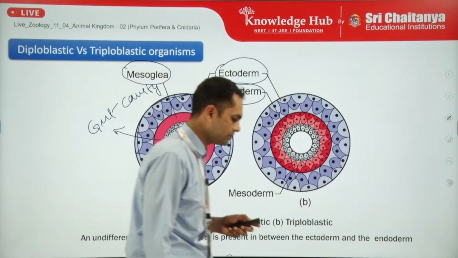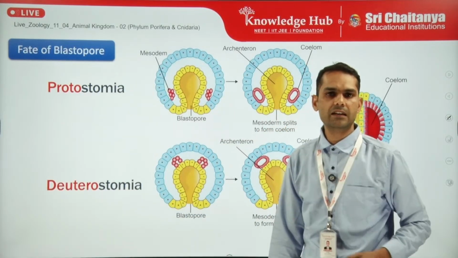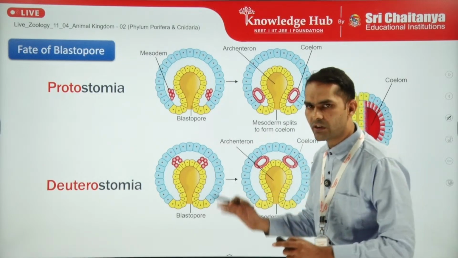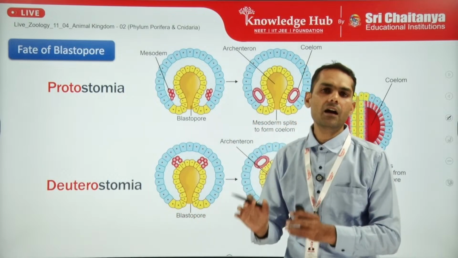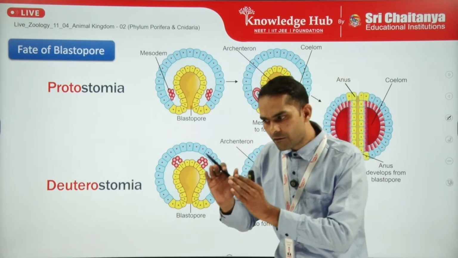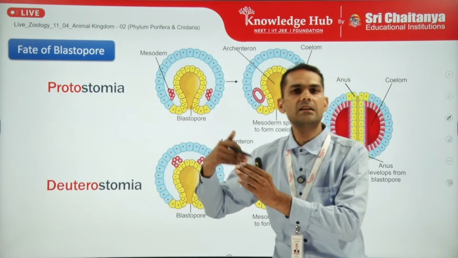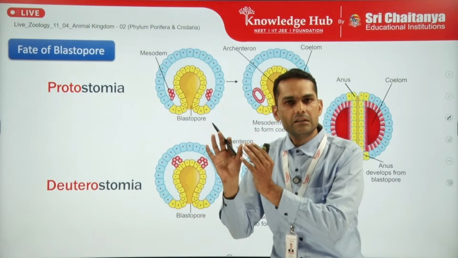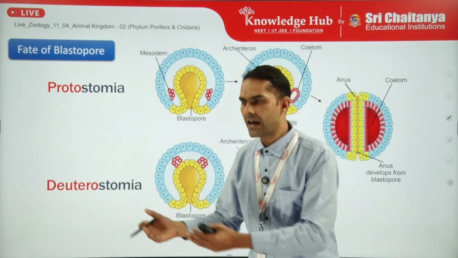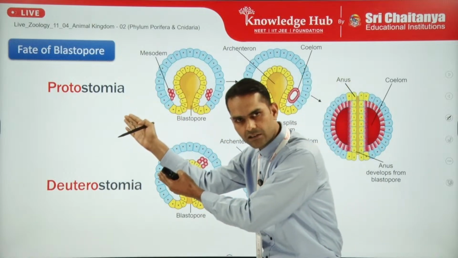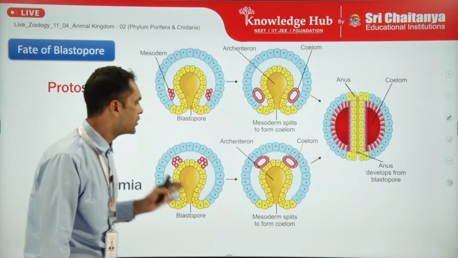Now, as we move further, and as I mentioned in the previous slides, when the gastrulation process occurs, the blastopore opening forms. Depending upon the differentiation of the blastopore, in the embryonic development further, if this blastopore forms the mouth opening first, then it is called protostomes, or if it is forming the anus first, then it is called deuterostomes.